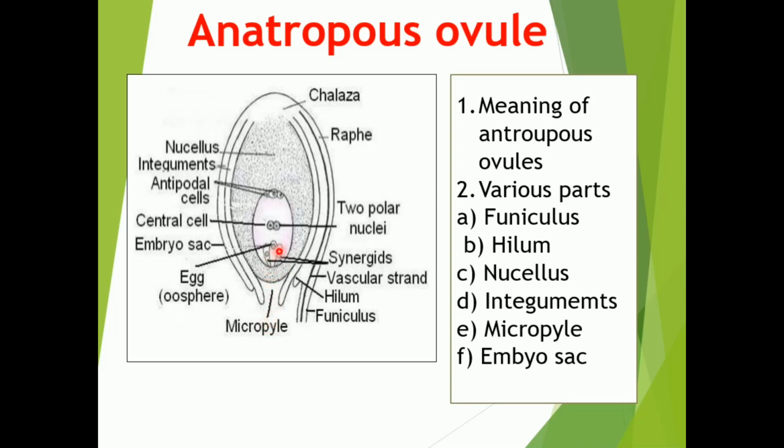Near the micropyle end, there is a large cell called the egg cell, also called the oosphere, and two cells are laterally placed. Those cells are referred to as synergids. At the opposite end, there are antipodal cells, three in number. So this is about the structure of the anatropous ovule.